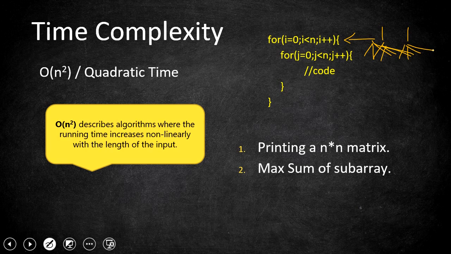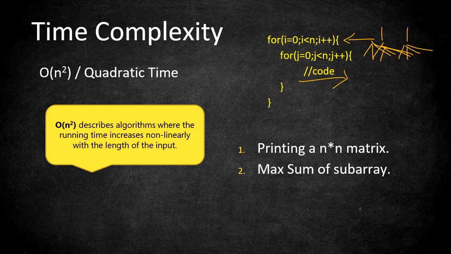In this case, you will use a nested loop and print the values of the matrix. The same way, maximum sum of subarray, though it has optimal solutions, if you approach that problem in a brute force way, then you again need two for loops to check every size of subarray and calculate the sum. So this is called quadratic time.